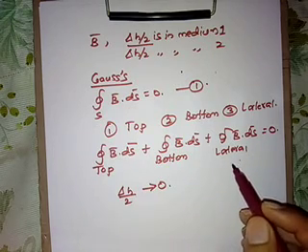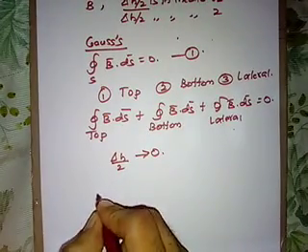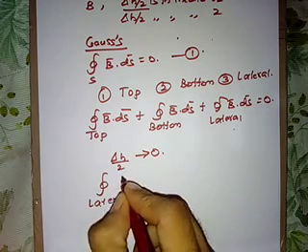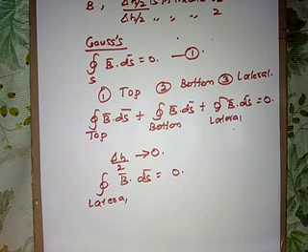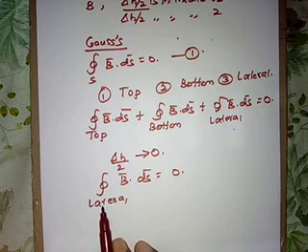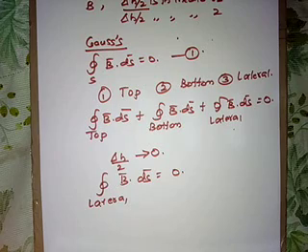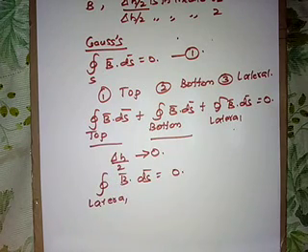So the lateral surface integral of B bar dot dS bar is equal to 0, and we have to integrate only with respect to the top surface and the bottom surface.